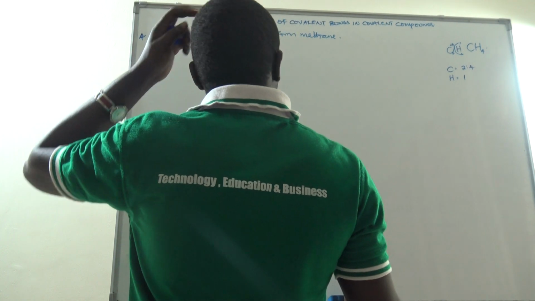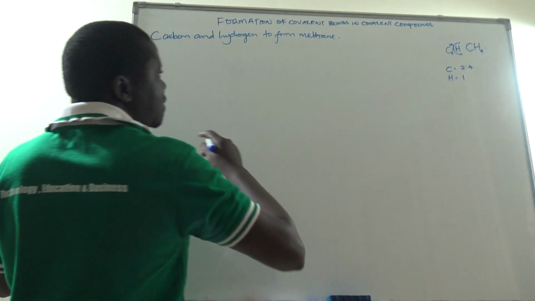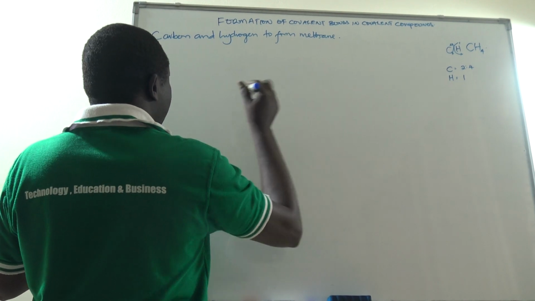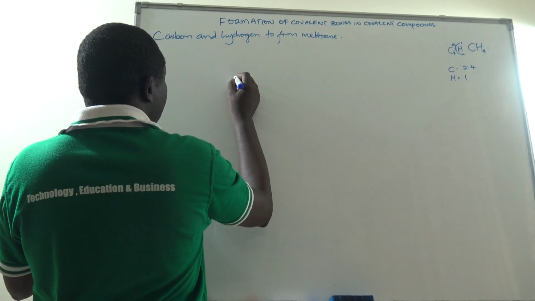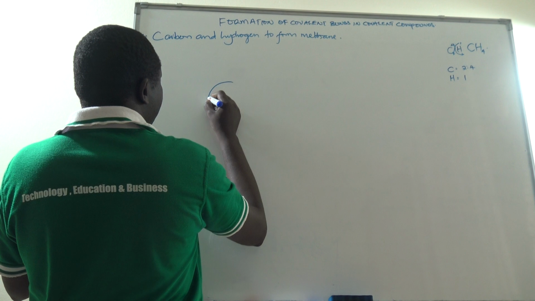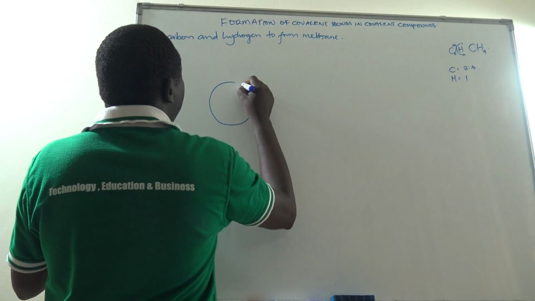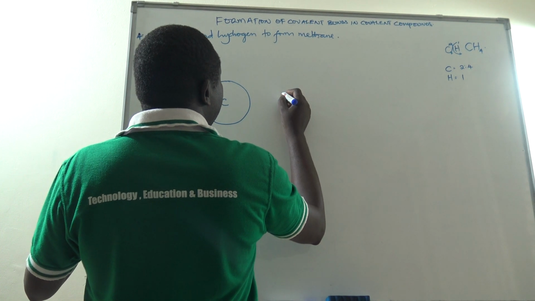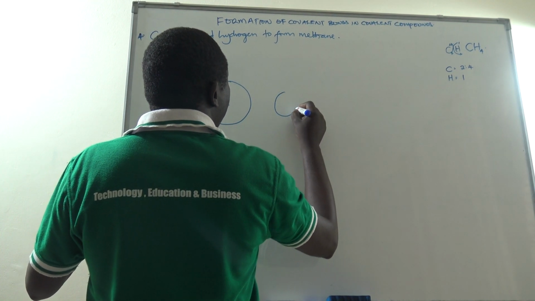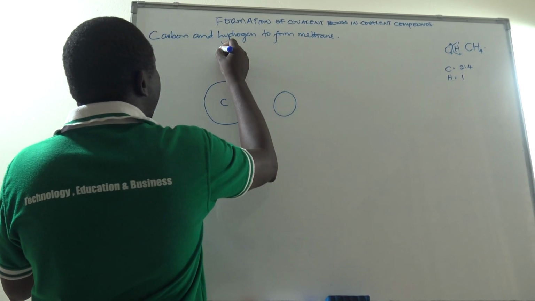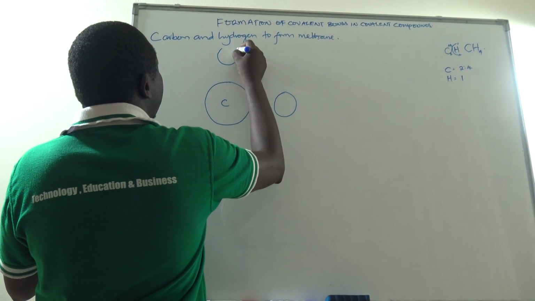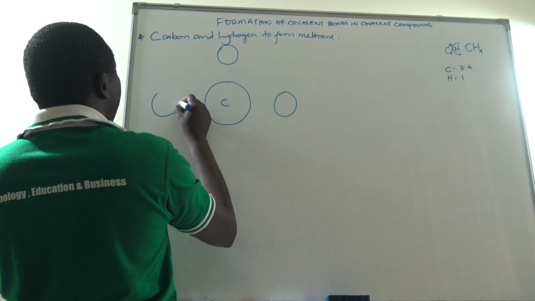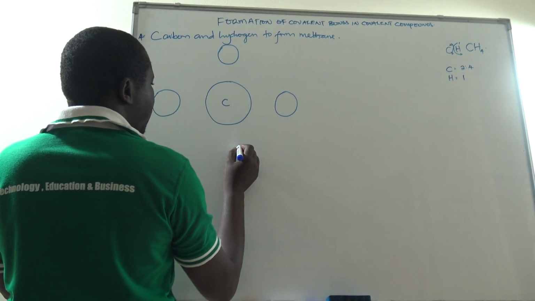So we shall have to draw this. A carbon atom is larger than the hydrogen atoms. So we have 4 hydrogen atoms and 1 carbon atom. So let us have the carbon atom here, 1 carbon atom, and next to it are 4 hydrogen atoms: 1, 2, 3, 4.